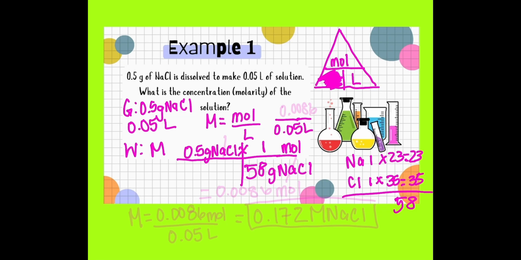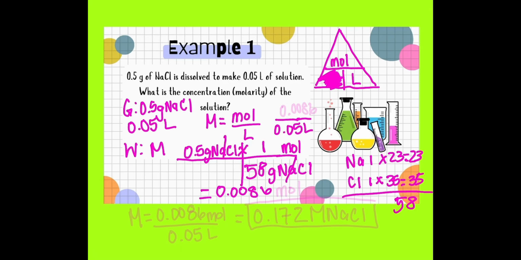And then I'm going to divide that number by 58. That gives me 0.0086. And I cancel that out.